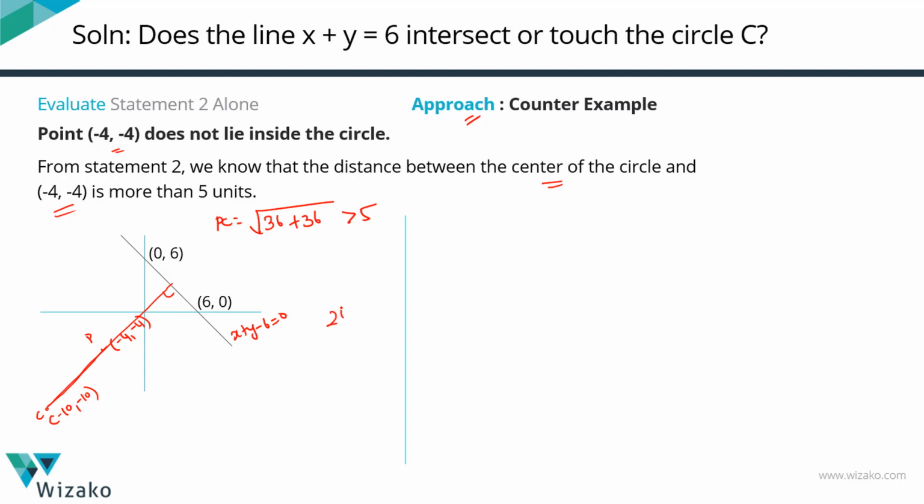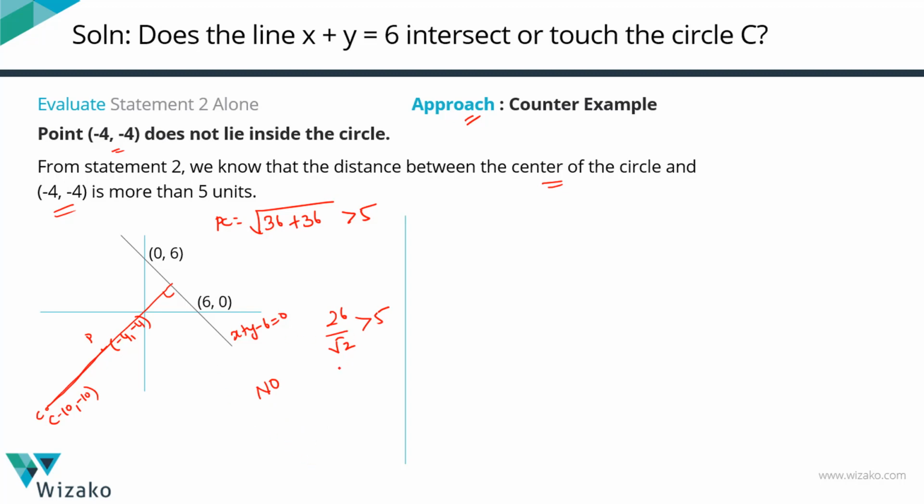That value from the last slide is 26 upon root 2, which we found to be greater than 5. So if the center of the circle is at (-10, -10), the perpendicular distance, which is the shortest distance between the line and the center, is greater than 5 units, which means that no point on the line is going to lie inside the circle or touch the circle. The answer to the question is no. This line does not intersect with the circle. This line does not touch the circle.